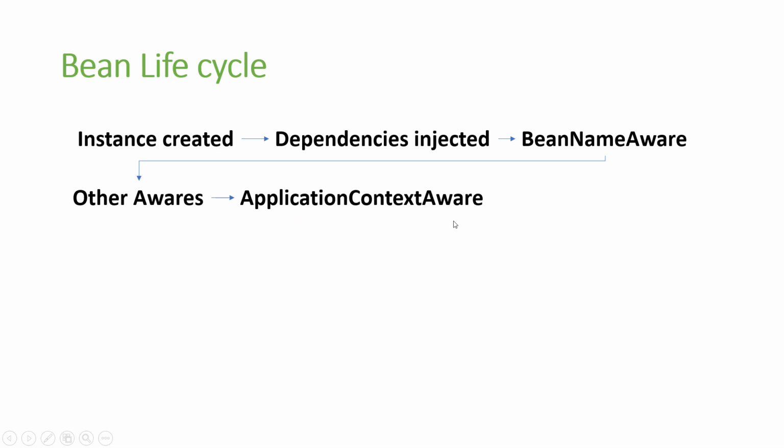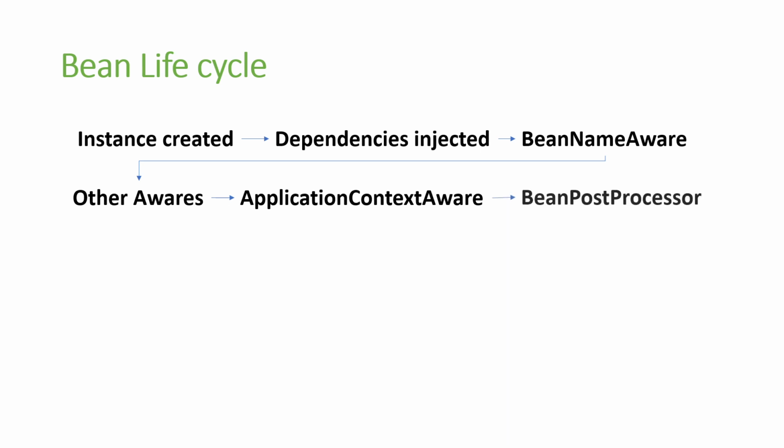ApplicationContextAware is very important. We will create a separate video on how we can utilize it. But remember, the next step is ApplicationContextAware. If the bean implements it, it has one abstract method, setApplicationContext, and Spring will call that method. This is the next thing you need to remember.